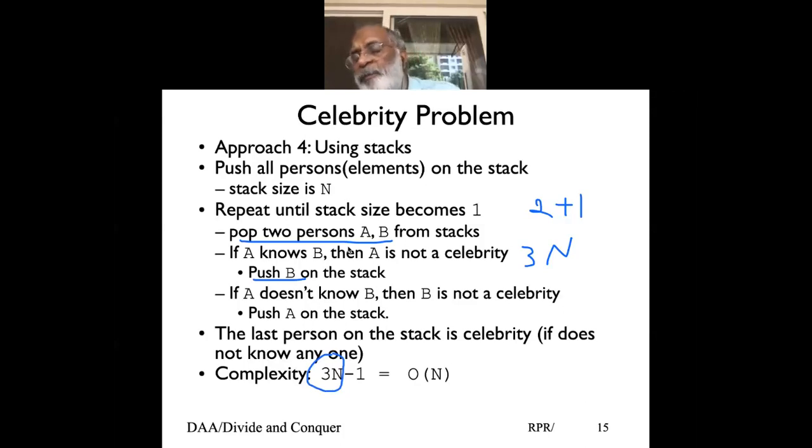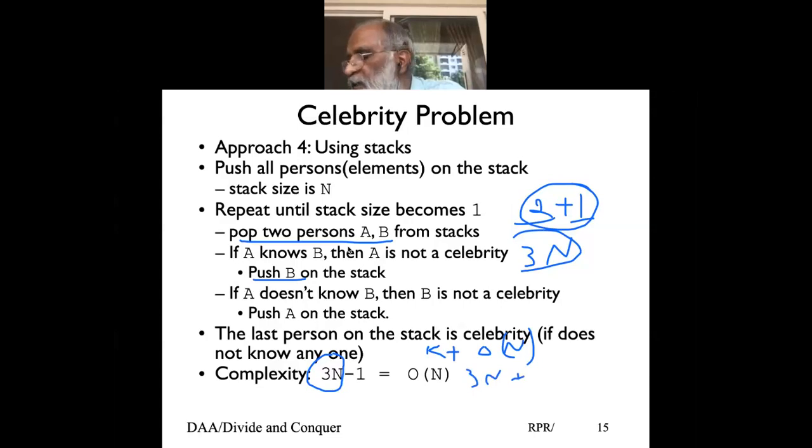Pop requires 2 operations, push requires 1, total 3 operations. When I finally get 1 person at the end, we do order n work there. So this is 3n plus n, and it is still order n.